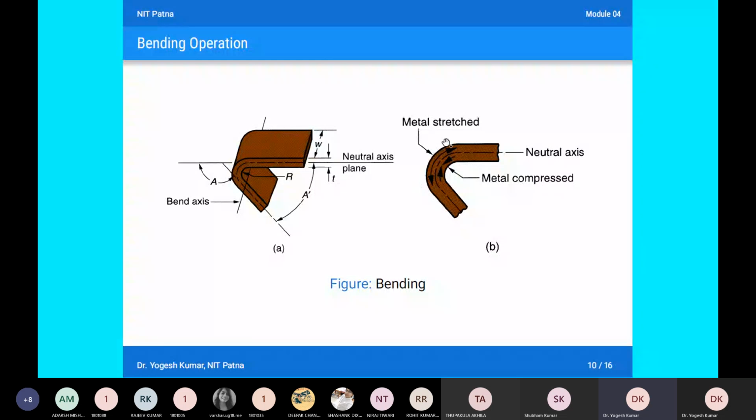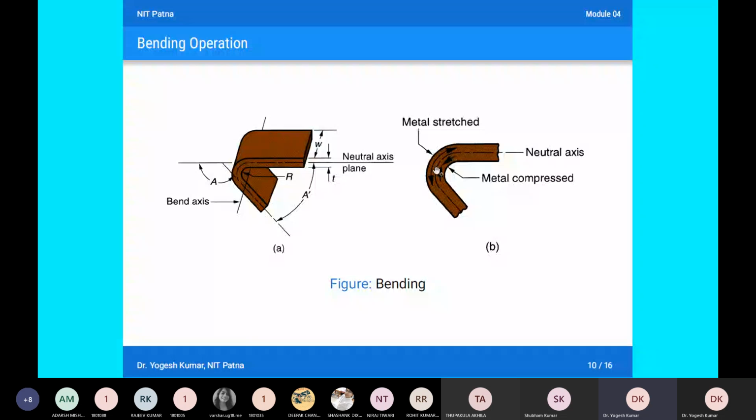No stress is developed at some line. That line or axis is called the neutral axis. Here it is mentioned that this is your neutral axis, where no compressive or tensile stress is developed.